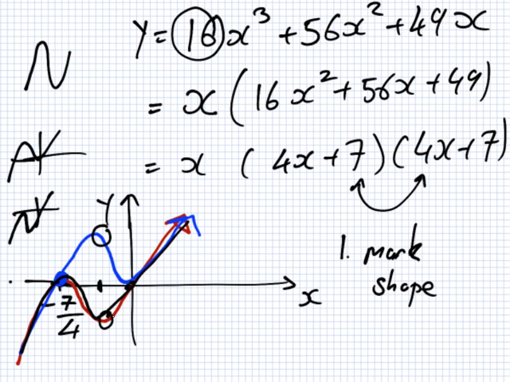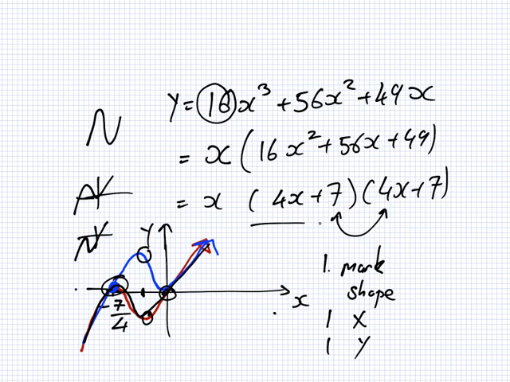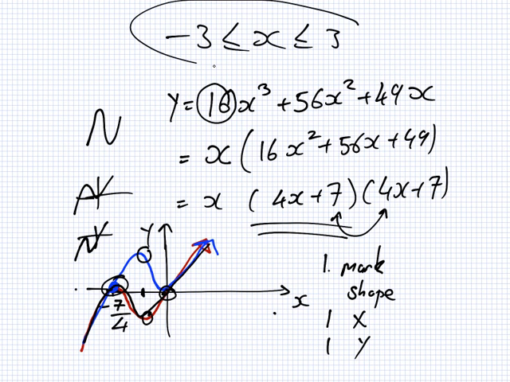Then usually you get 1 mark for having the right roots, and 1 mark for having the right intercept on the y-axis. So it's 1 mark for shape, 1 for the x, 1 for the y. These are pretty common in the exam. Sometimes they give you one of the factors, and sometimes they don't. If they don't give you one of the factors, you need to guess. But you only need to guess numbers between these two.